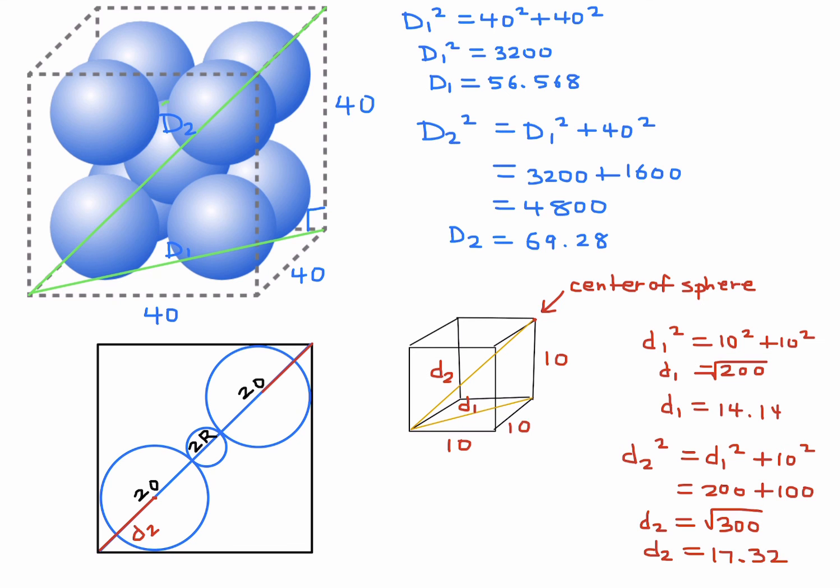What about this distance right here? That's also d2. This is 2r. And then, of course, what we have remaining from here to here is just the radius, which is 10. And this is also the radius of the sphere, which is 10. So there we go. We have it all.